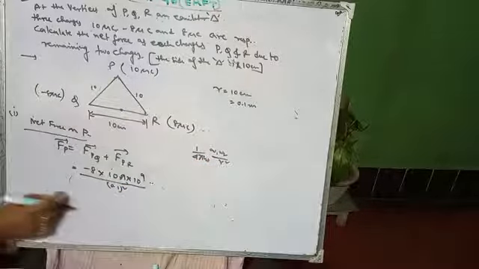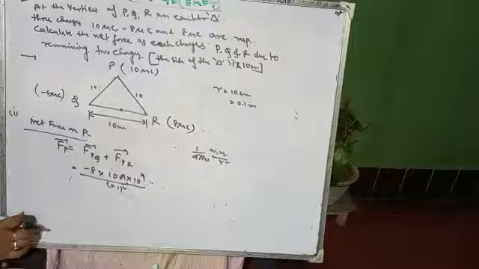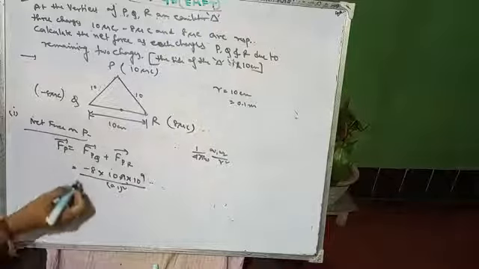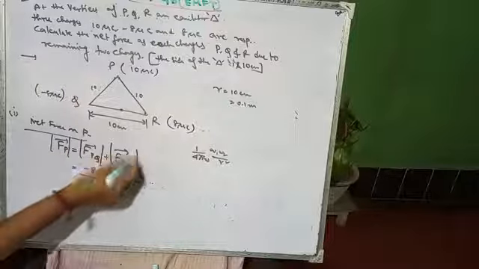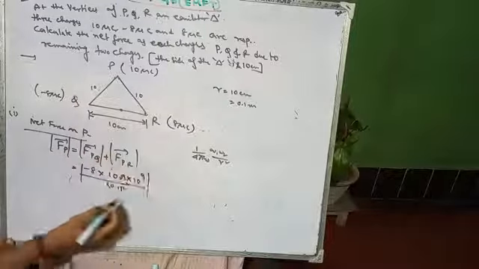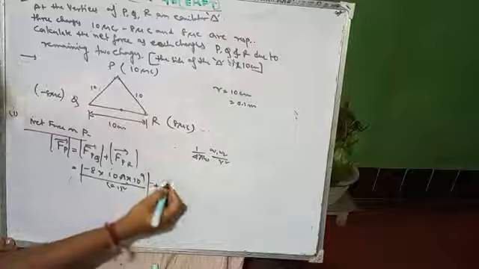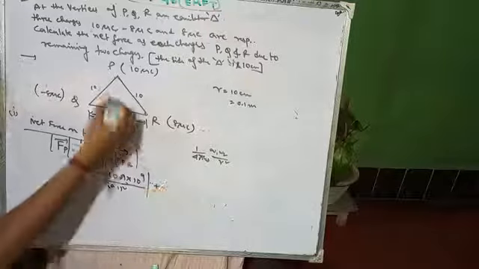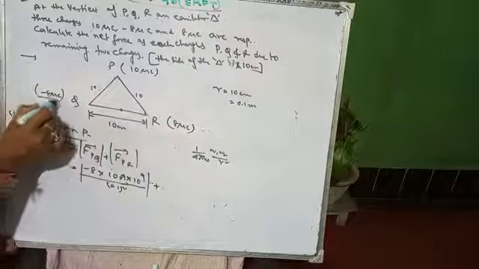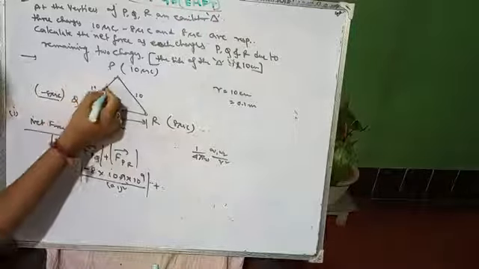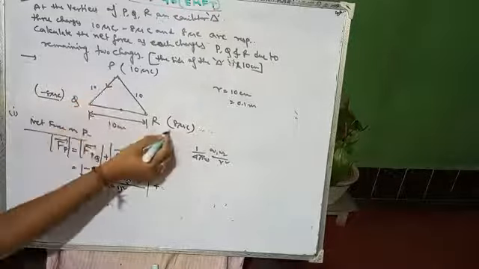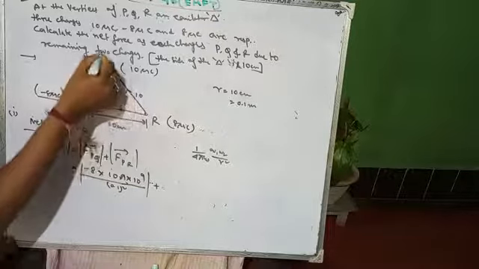This is your ultimate formula. So now we are taking the modulus first. Now, what is the direction? Because it is a negative charge, the force will be acting towards this direction, and it is positive, so force is acting in this direction.